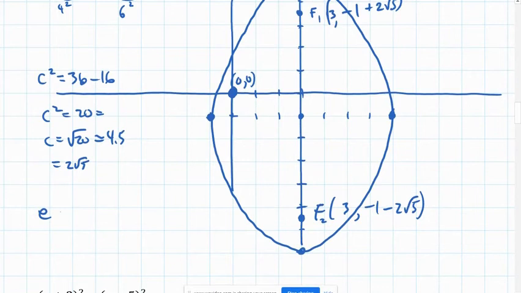And then our eccentricity is c over the larger of the two values, which is 6 between a and b. And so root 20 over 6 is about 0.75.